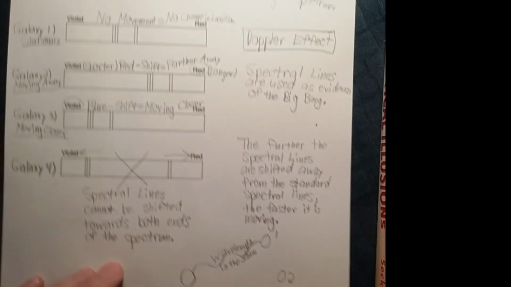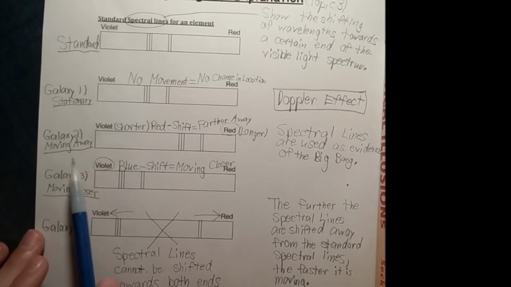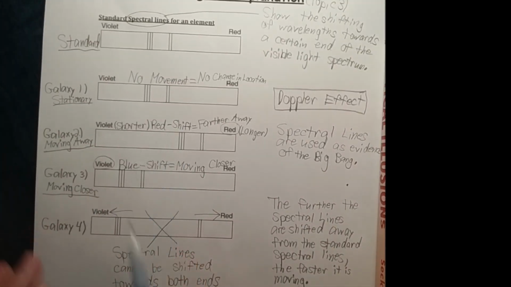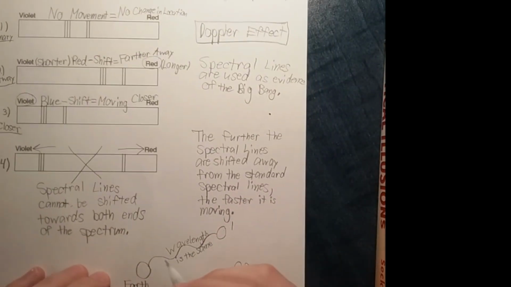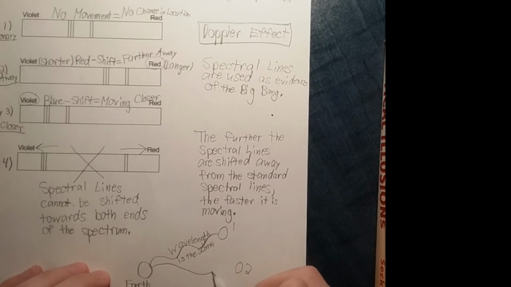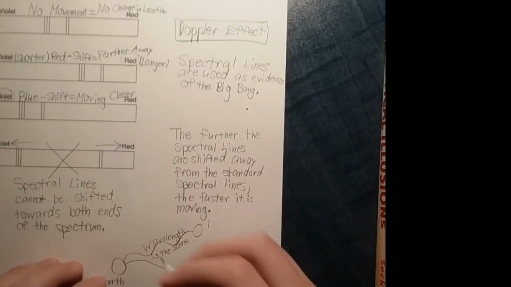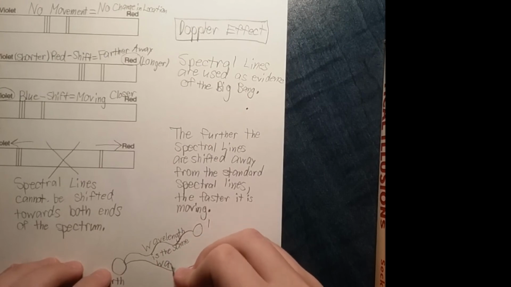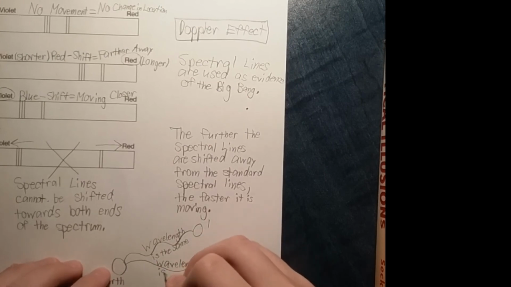So now for galaxy 2, we're going to see that galaxy 2 is moving away and it's a redshift. So we're going to draw a longer wavelength because the wavelength is shifted towards the red end of the spectrum, which contains the longer wavelengths. And we're going to label that: wavelength is greater.